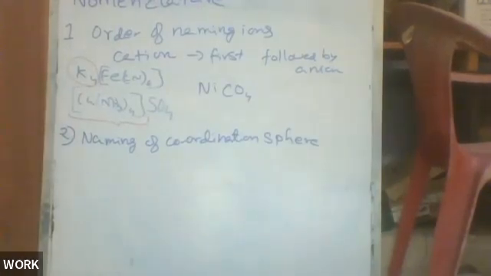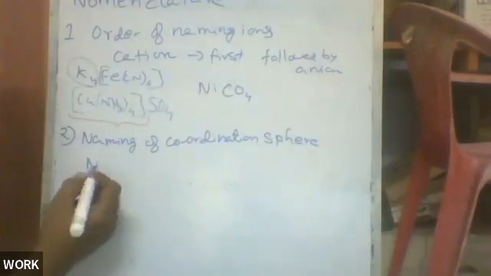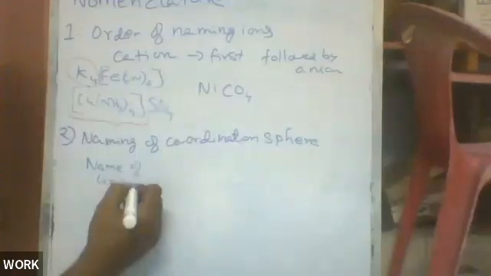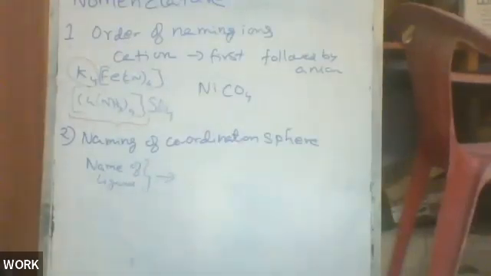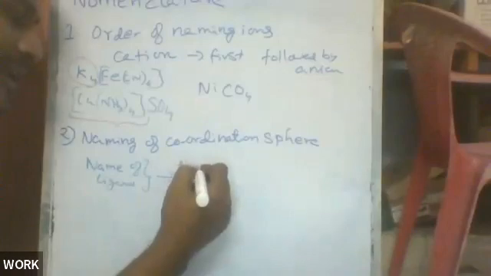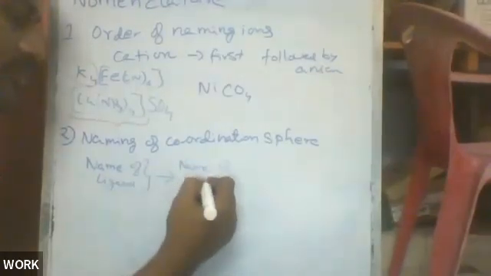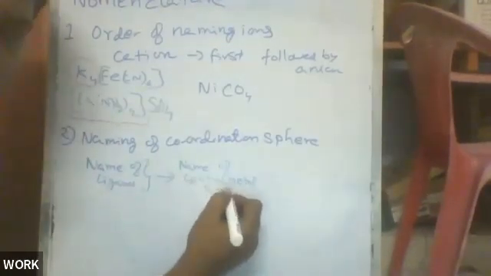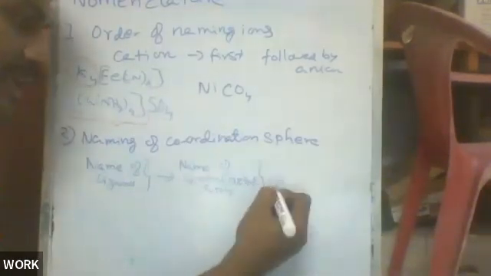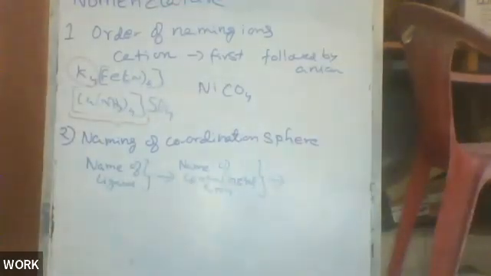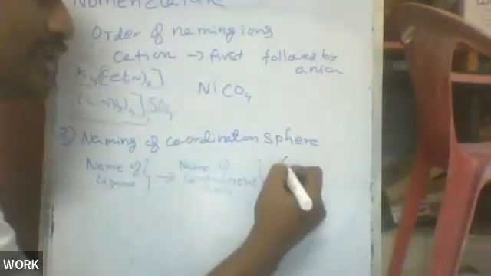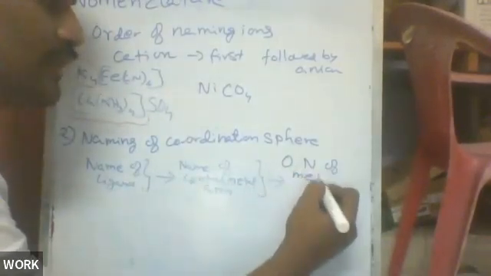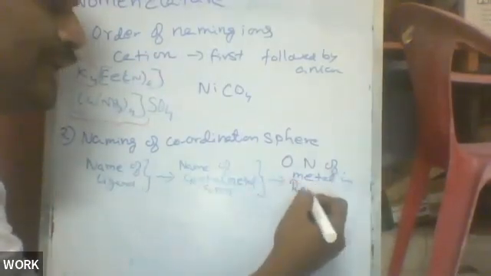How to write the name: the name of the ligand first, followed by the name of the central metal atom, and then the oxidation number of the metal in Roman numerals.